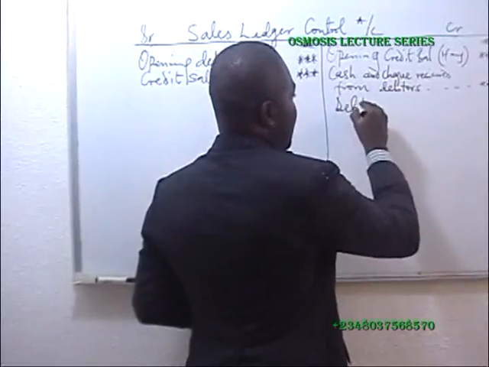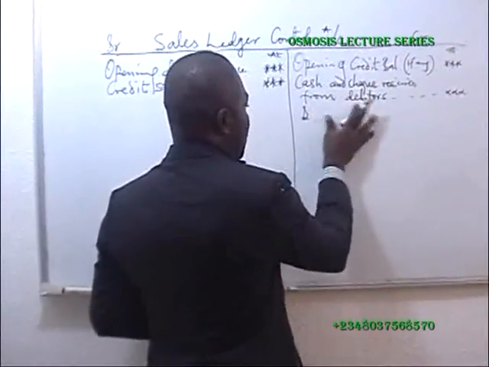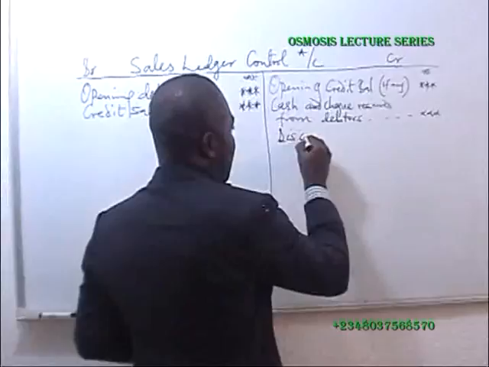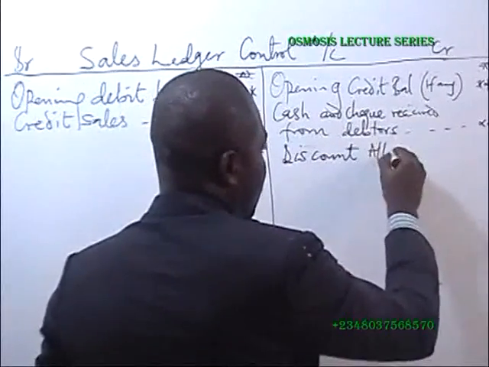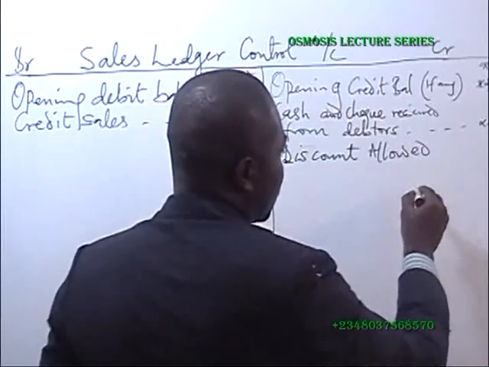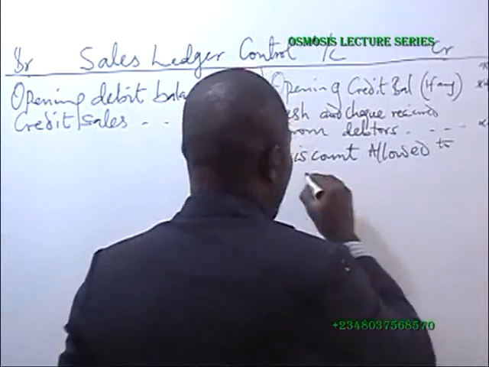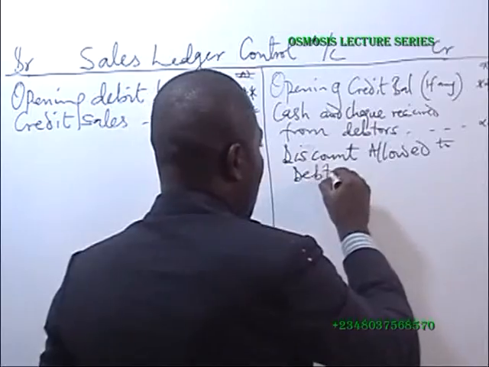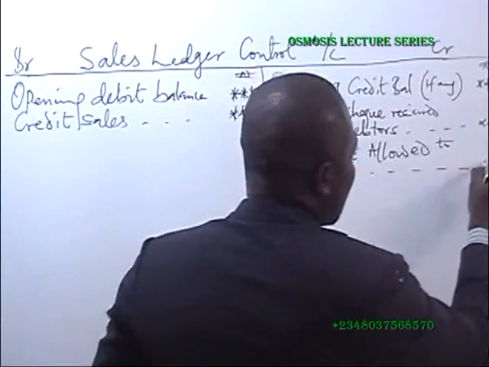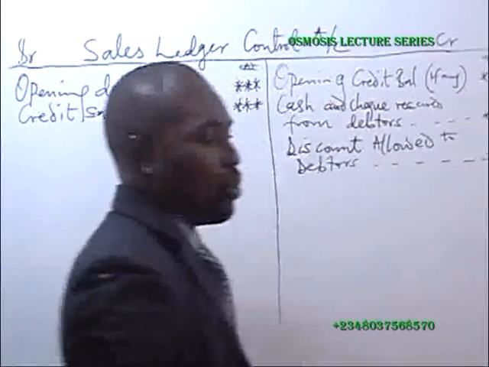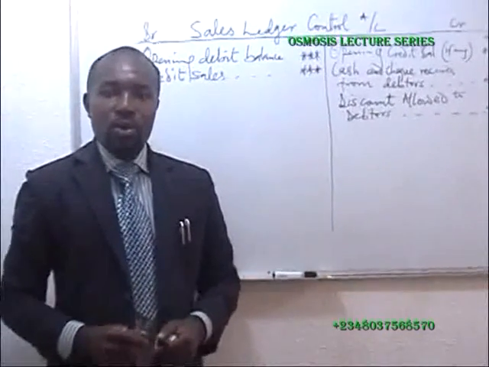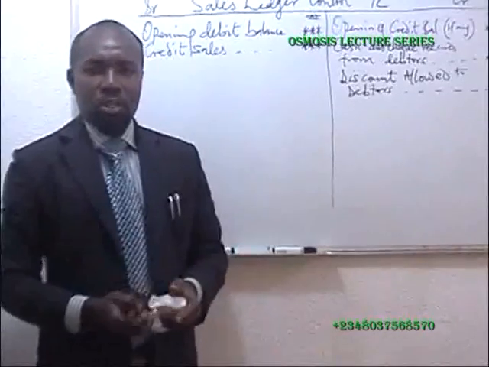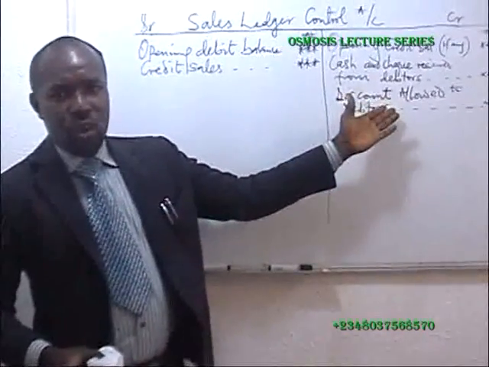So we say discount allowed to debtor, right on the credit side. Discount allowed to debtor. So if you allow your debtors discounts, as you can see it works very close.